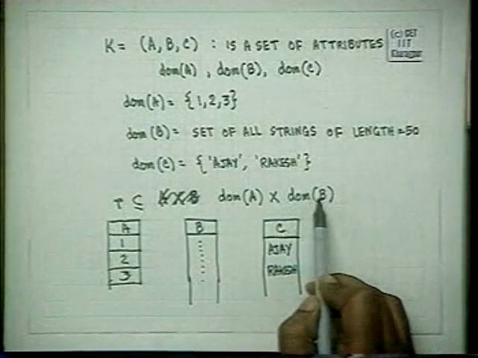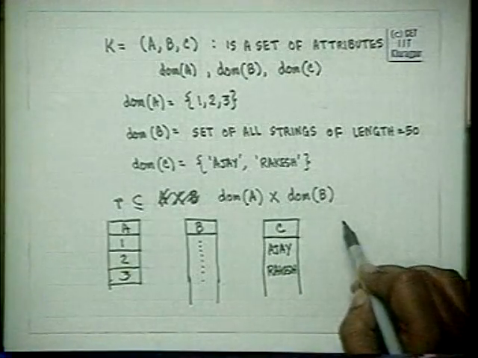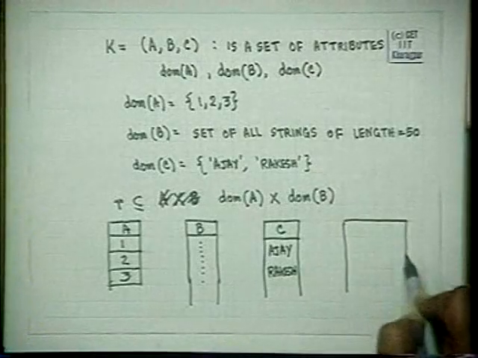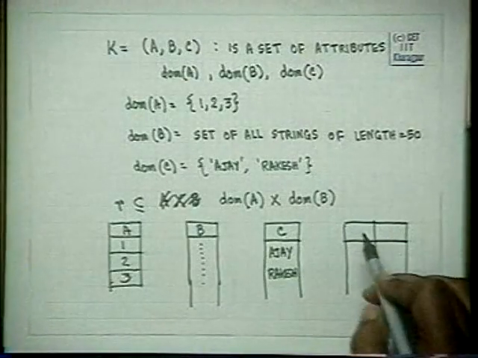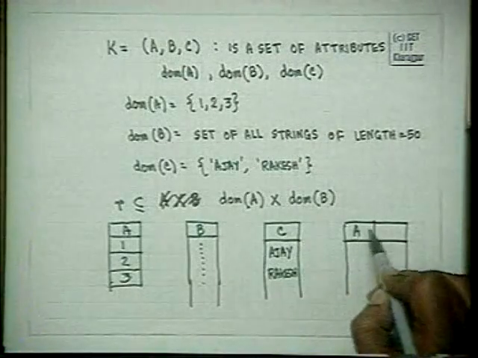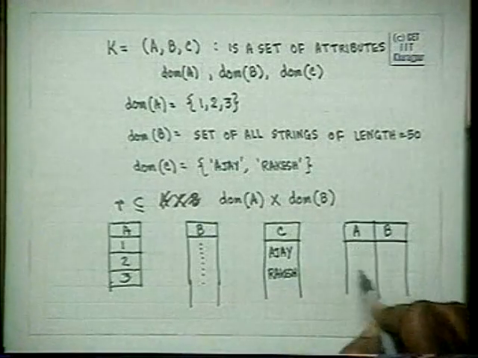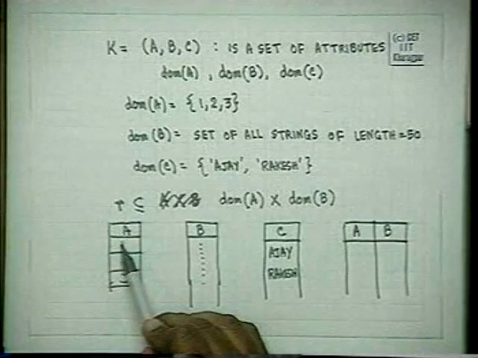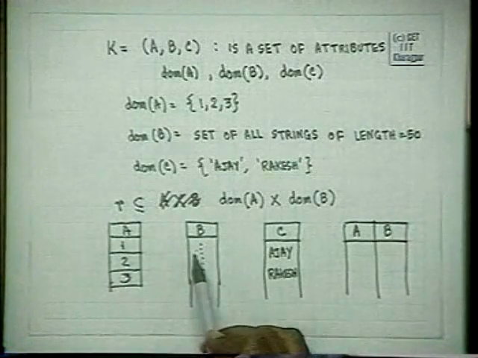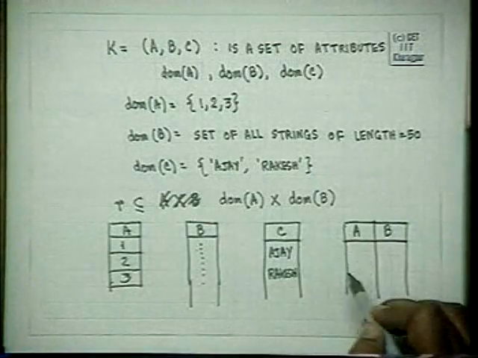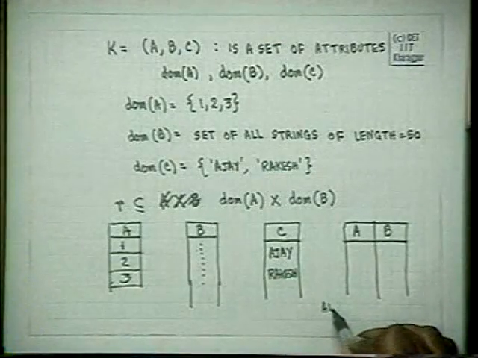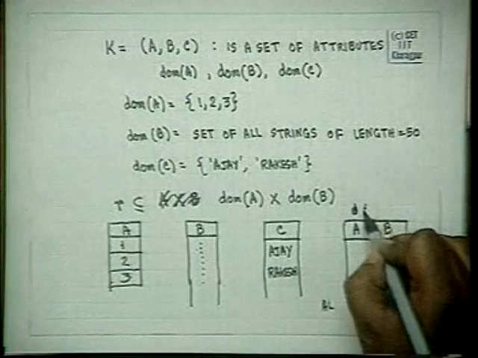Now dom A cross dom B is a relation having two attributes. Dom A cross dom B will have attributes A and B, and here we will have all possible combinations of elements of A and elements of B. All possible combinations.